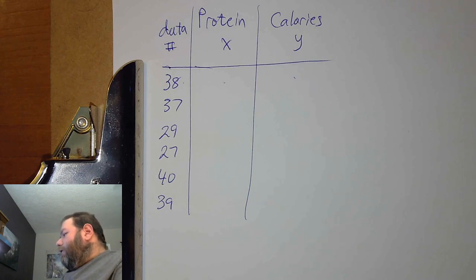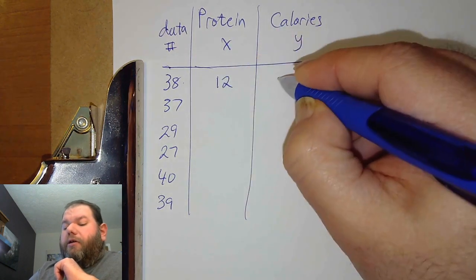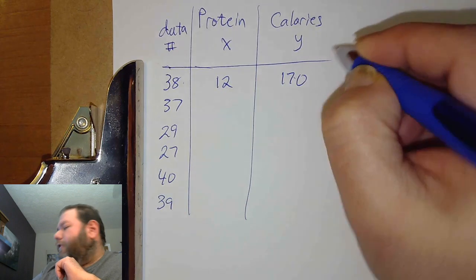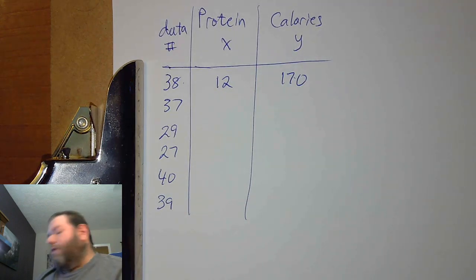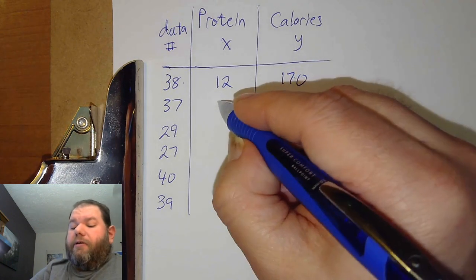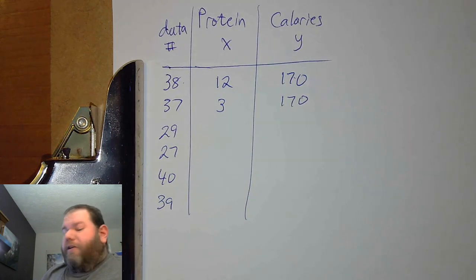So 38, they had 12 grams of protein, and their snack had 170 calories. 37 had 3 grams and 170 calories. We're off to a great start.